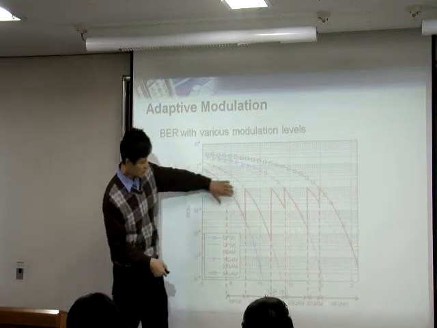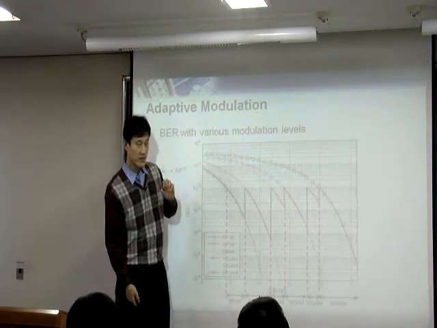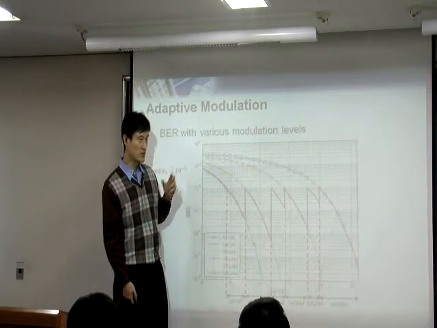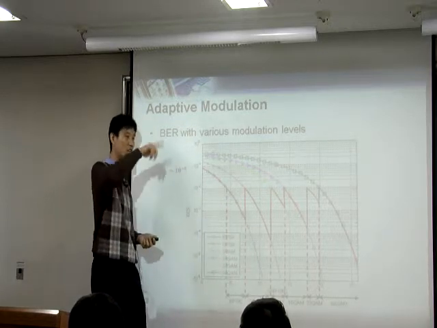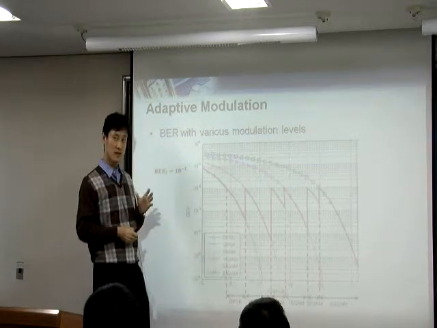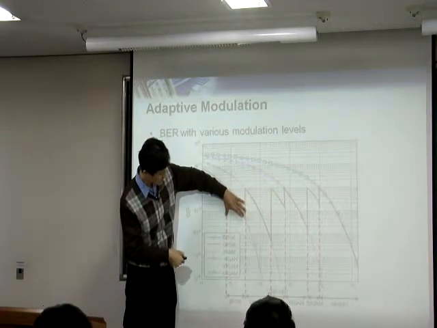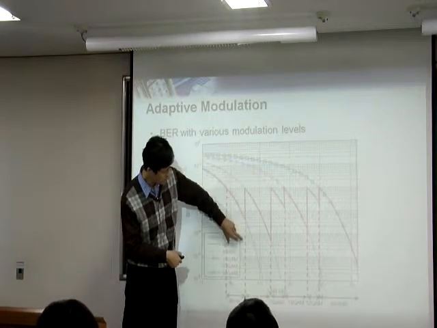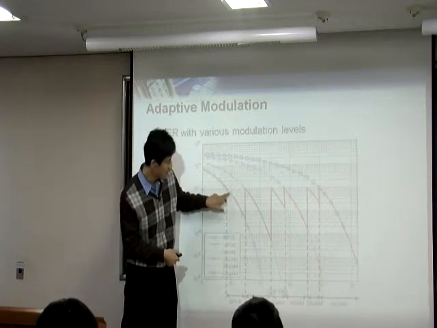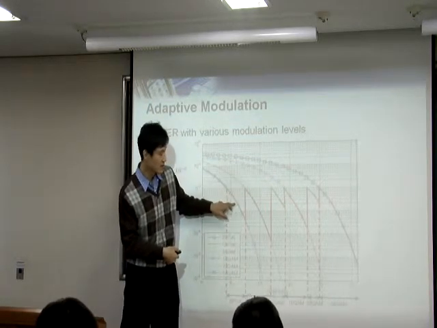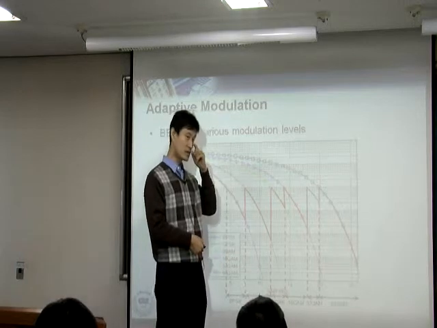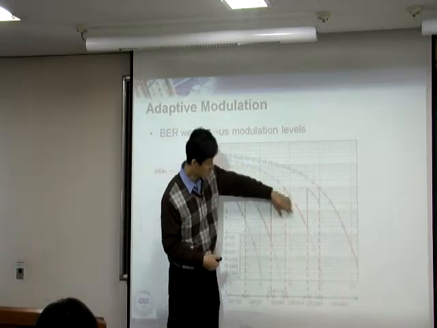So as you can see here, we're thinking about instantaneous SNR. If your instantaneous SNR is within this region, then which one do you use? You use BPSK, because BPSK satisfies your bit error rate. Now let's say your instantaneous SNR is pretty good, so now you're in this region.